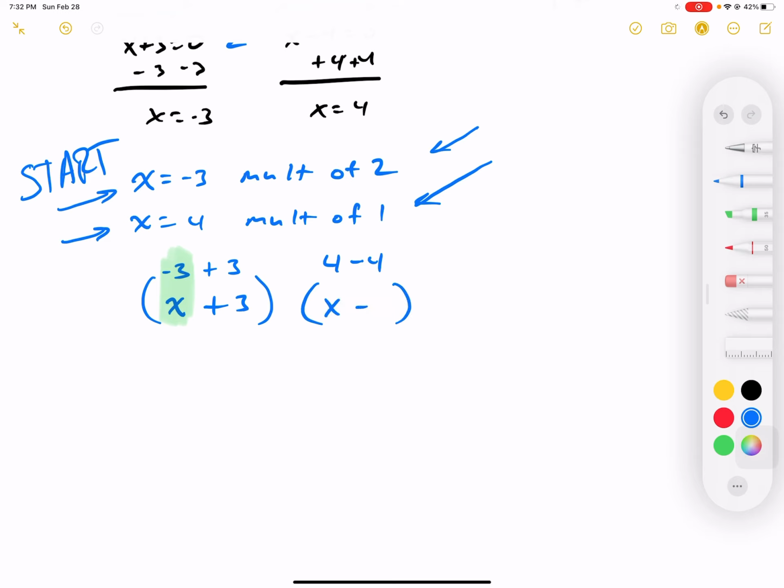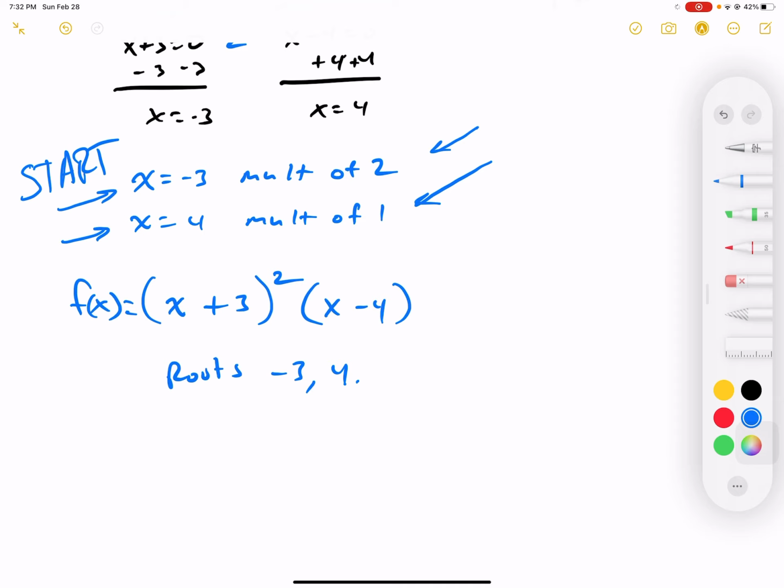So it's x minus 4. We also said that the multiplicity was 2 for -3, and that's where we're going to go ahead and include this square here. And this is our original function, with the roots -3 and 4.